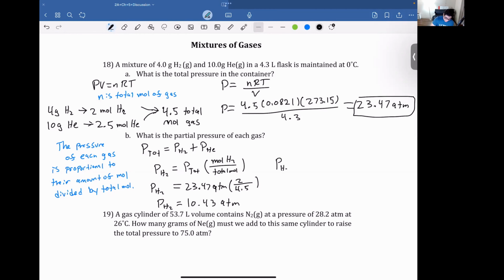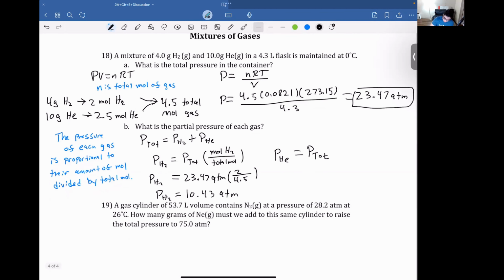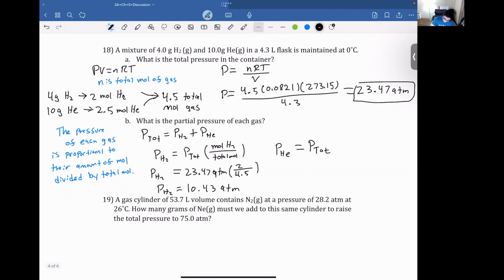You can do the same for helium. You can also subtract it from the total here. Either way works. I'll just stick with this because I think most people follow this easier. I would just subtract it from the total at this point because there's only 2 things that make it up. And then this is moles of helium over the total moles.